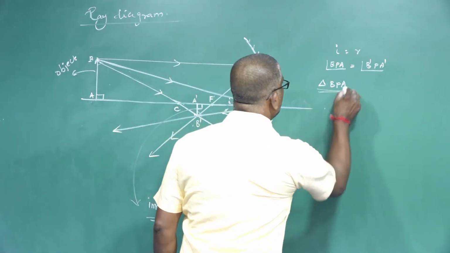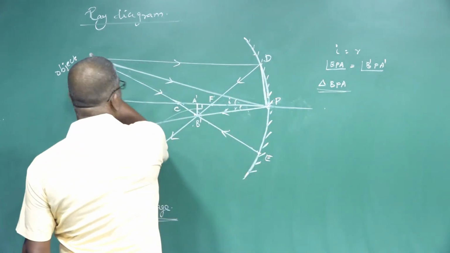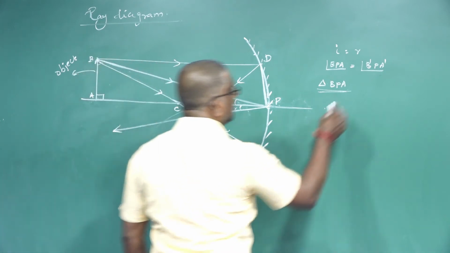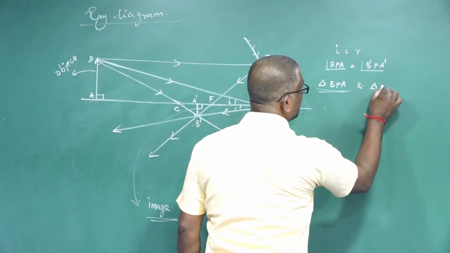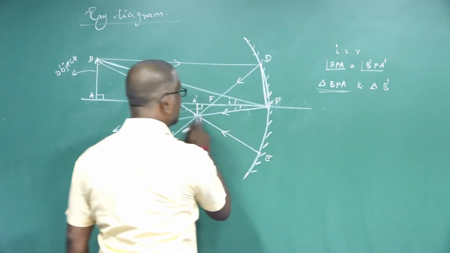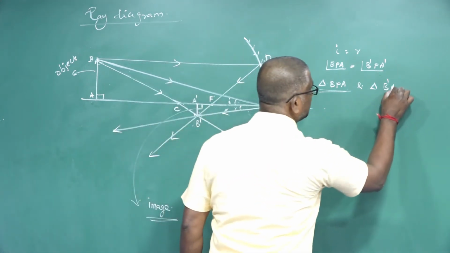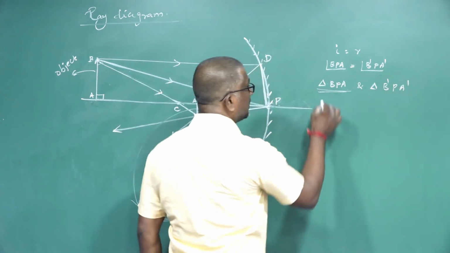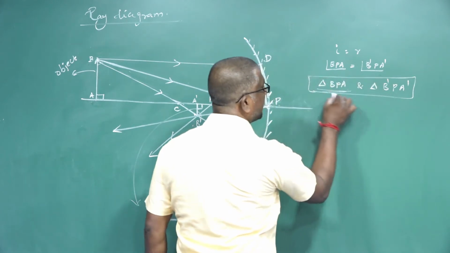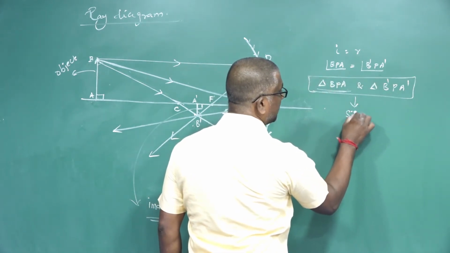Here we consider two right angle triangles. One is BPA and the other right angle triangle is B dash P A dash. These two triangles are similar.